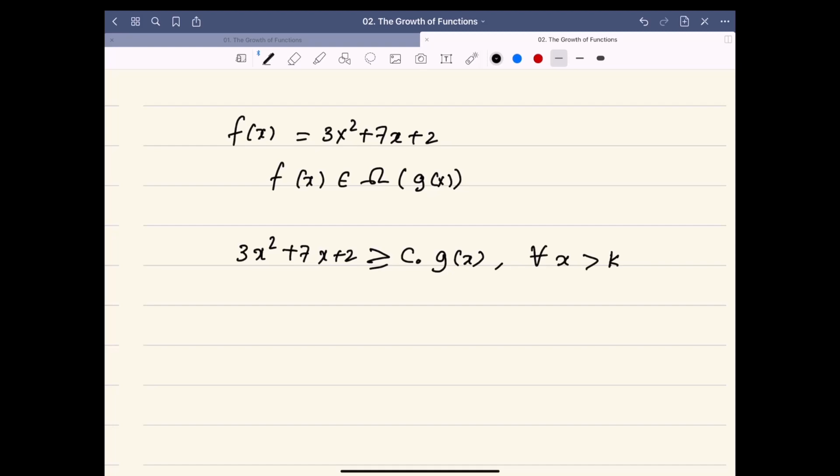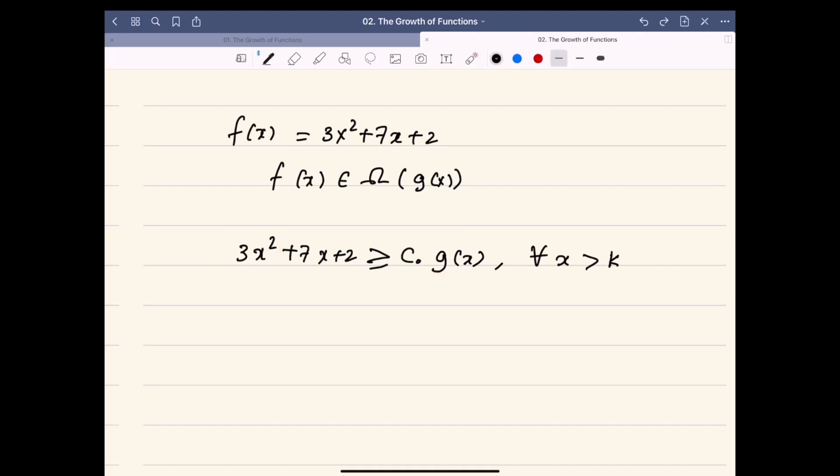Now, remember that for big omega, g of x will be like a lower bound. So any function that you can draw below this function will be a candidate for g of x. So any polynomial of degree less than 2 can be a value for g of x.